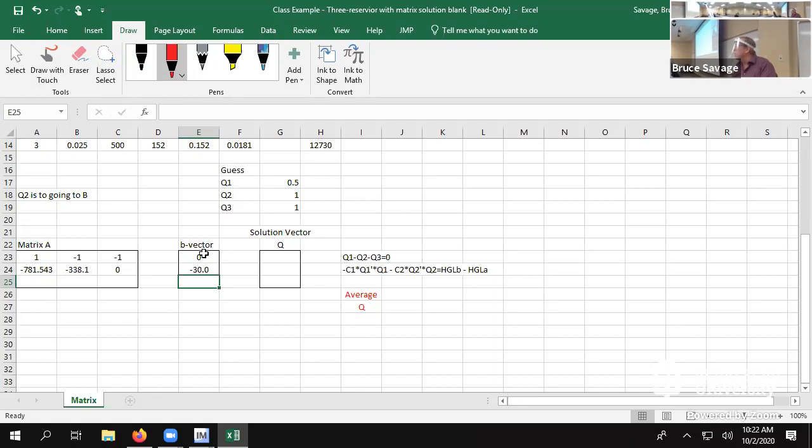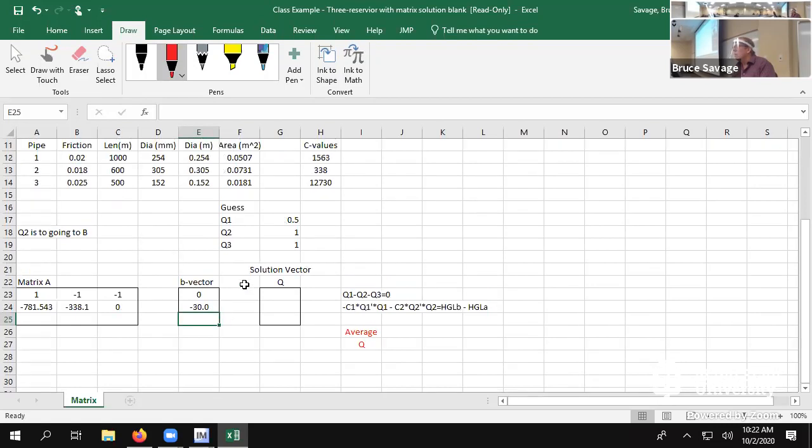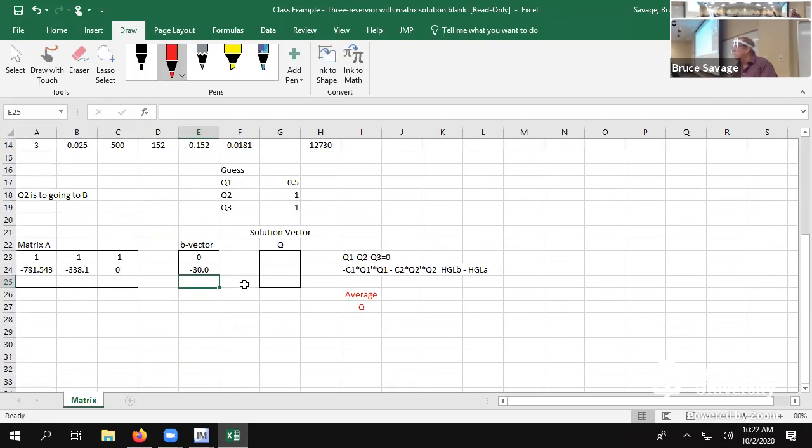So the difference in the HGL B minus HGL A, that's what the B vector represents? The B vector represents the values that are not tied to my variables. So if I have a system, 2x plus 2y equals 5, 5 is the B vector because it's not tied to the variables. Okay? All right. So now I can come down and do the next one.